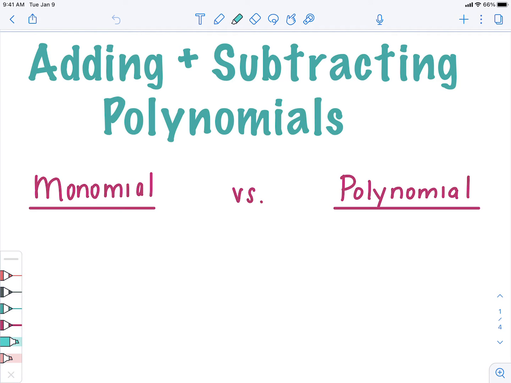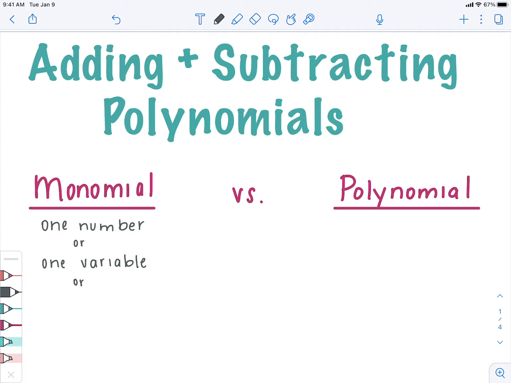So you've probably seen these words before, but we have a monomial and a polynomial. A monomial is going to be a number or a variable or a product of a number and a variable, but it's just one single term. So we could say it's one number or one variable, or it can be a product, which remember product just means we're multiplying, so all these things have to be connected.